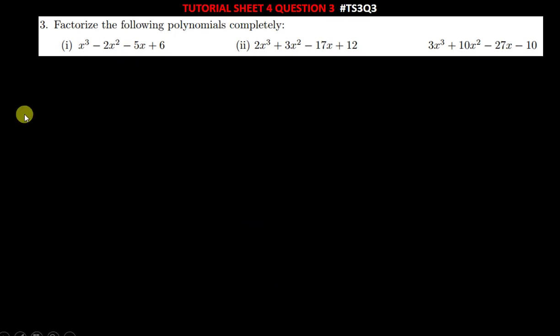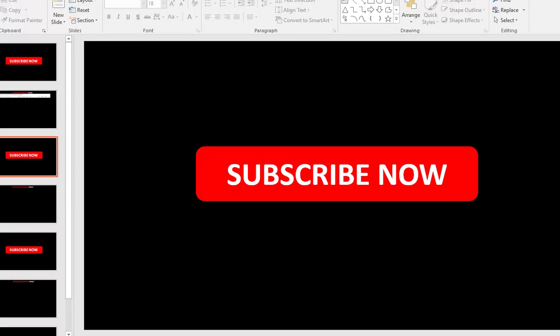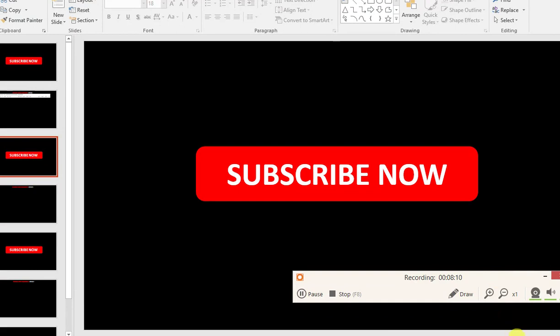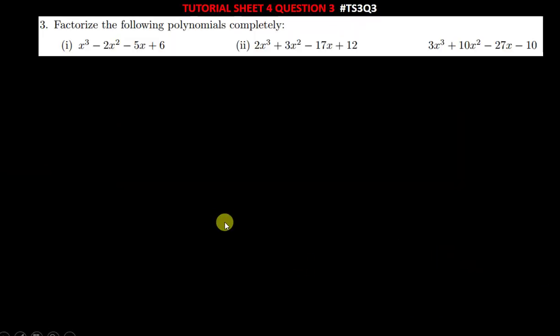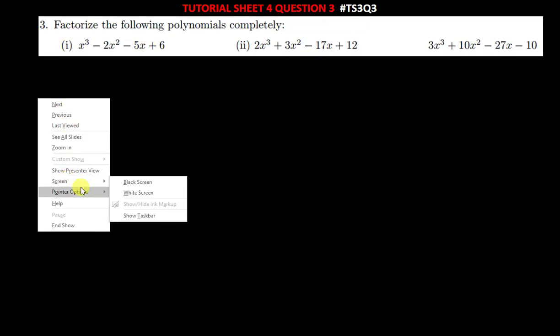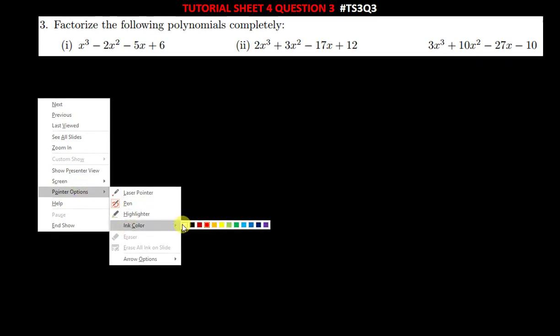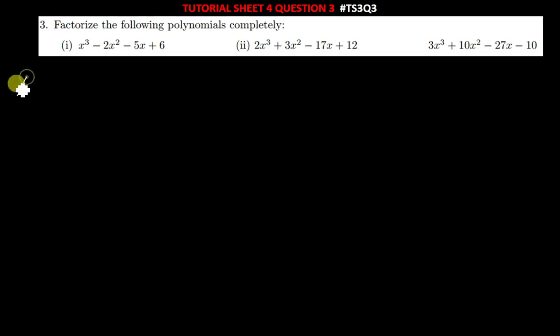So we try x is equal to 1 on the second question there. Let me just change the color of the pointer. Okay, so we say x is equal to 1.